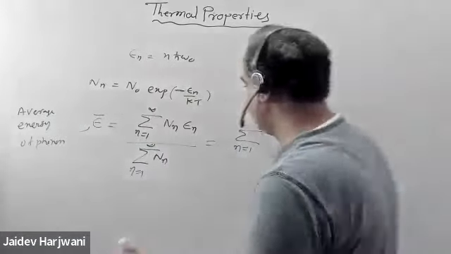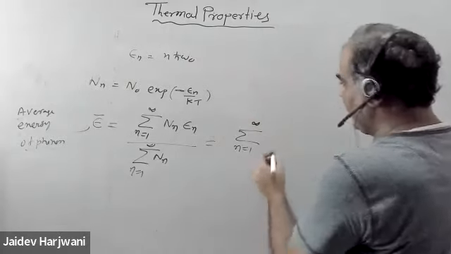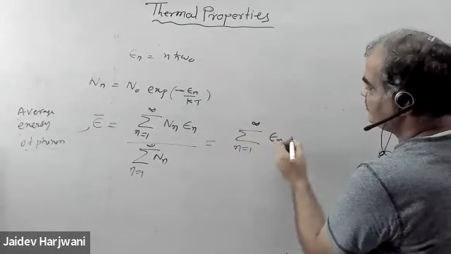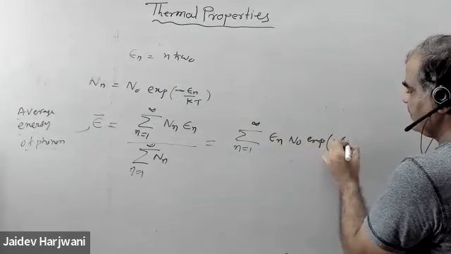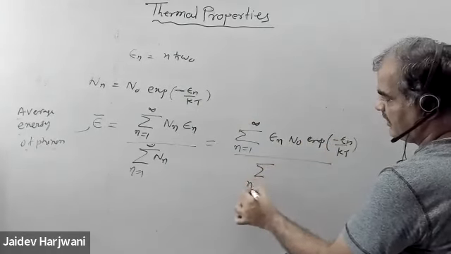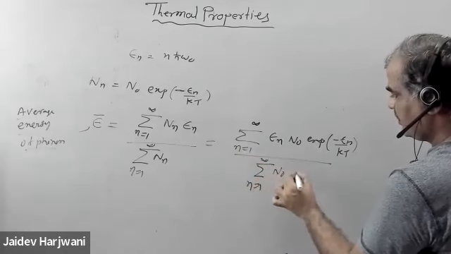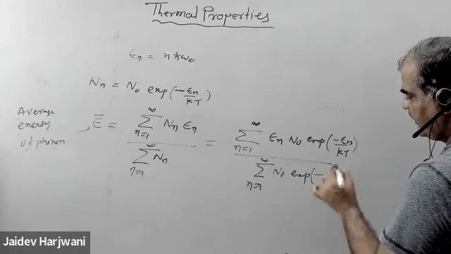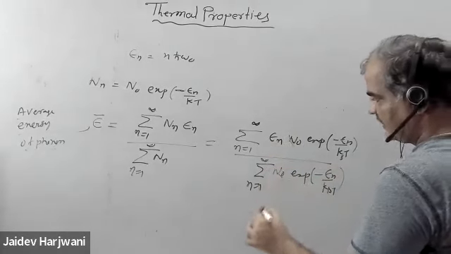Now if I want to open nn, en is en, and nn is n naught exponential minus en upon kt. And here n equal to 1 of n0 exponential en by kt, kbt or kt, whatever you want. So n0 will cancel.